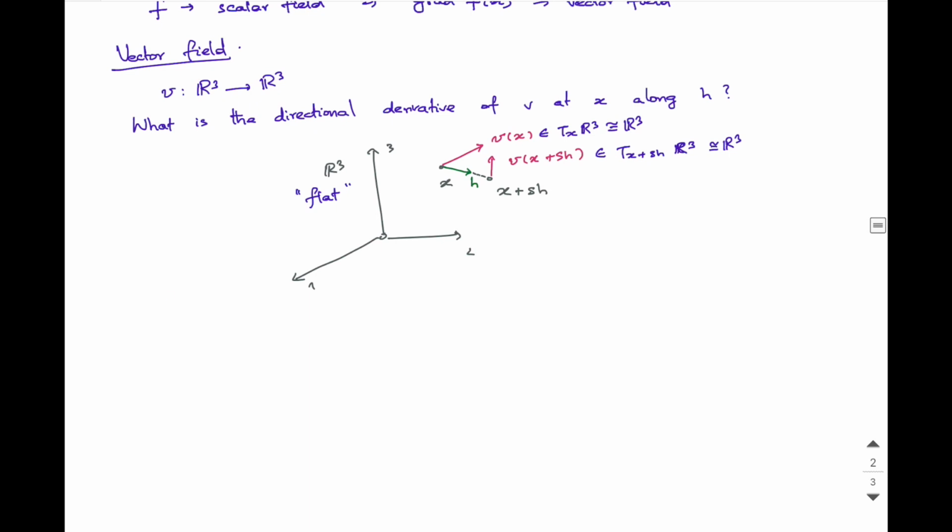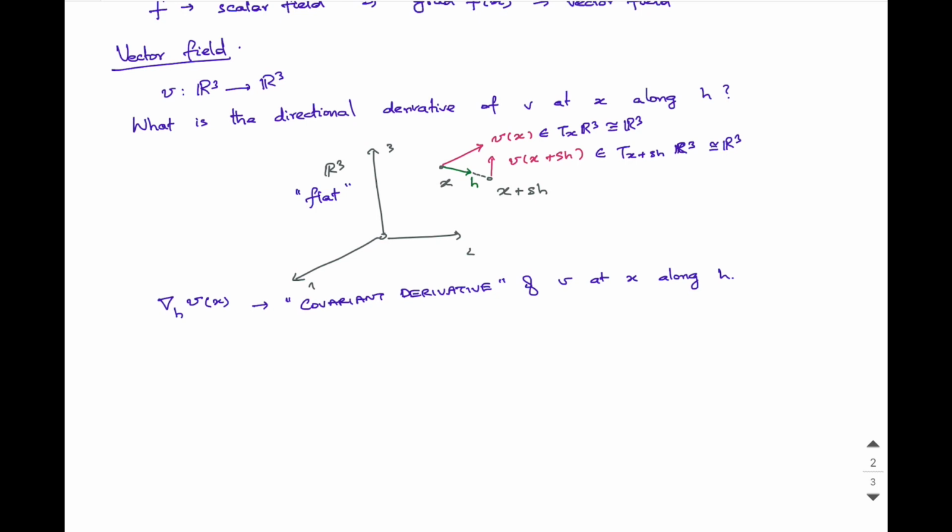So how do you define the directional derivative of v at the point x along the direction h? This is read as the covariant derivative of v at x along h. That's the basic idea.